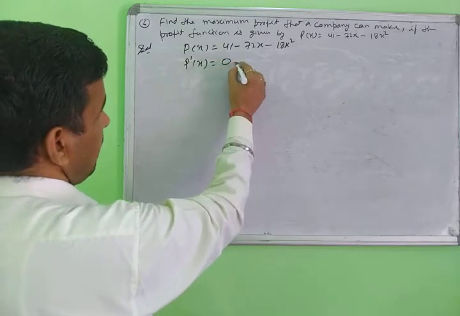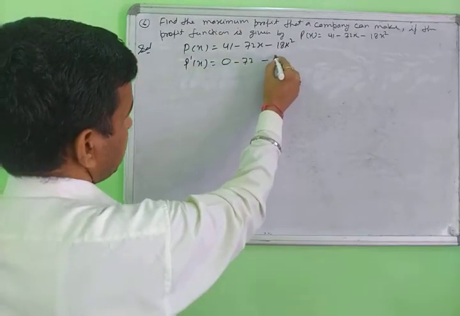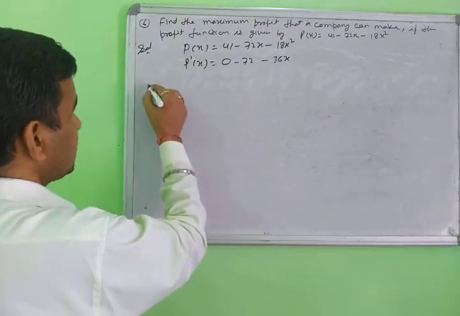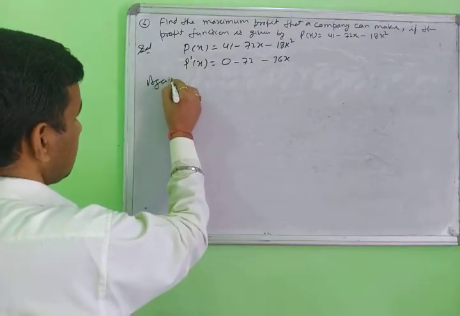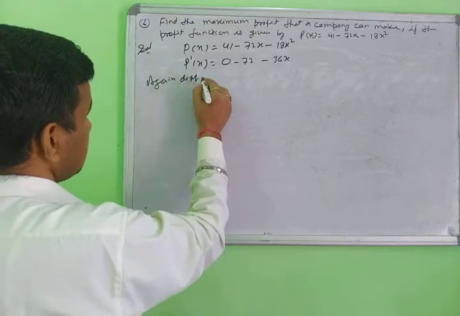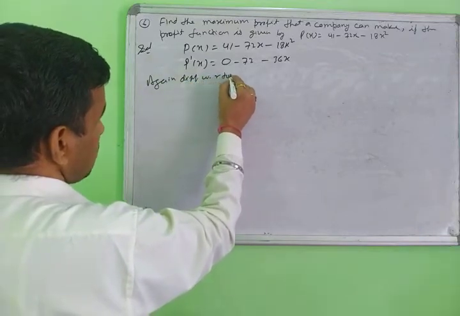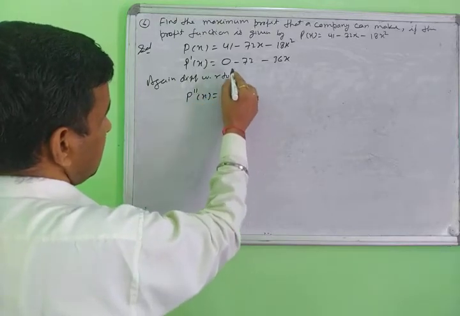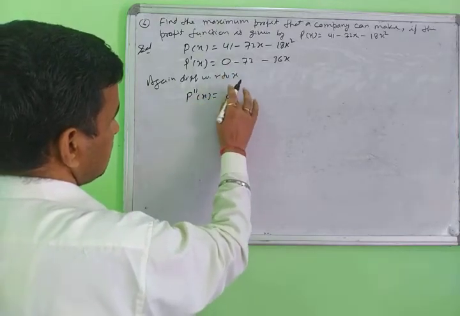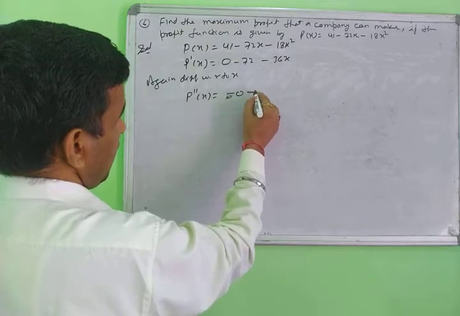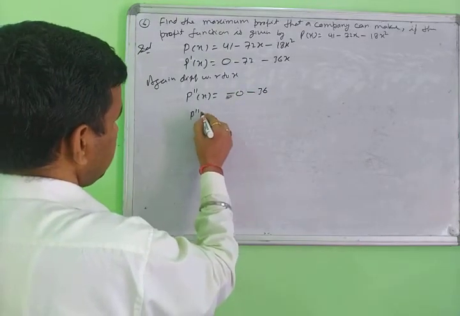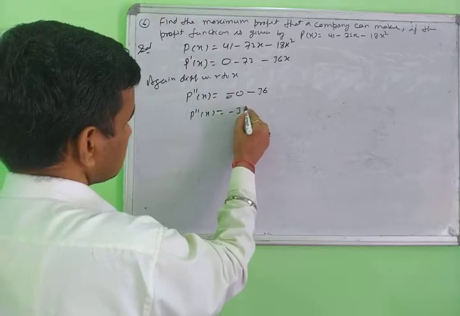This is 0 minus 72 minus 36x. Again differentiate with respect to x. The p''(x) equals 0 minus 0 minus 36, so the value of p''(x) equals minus 36.